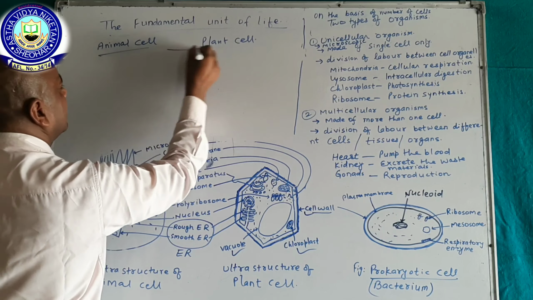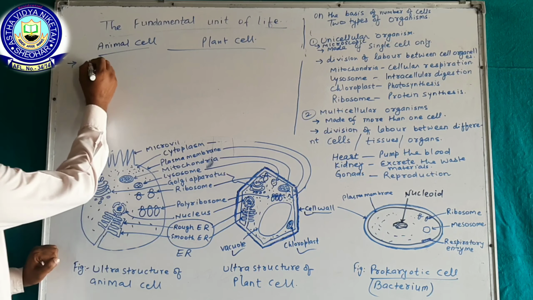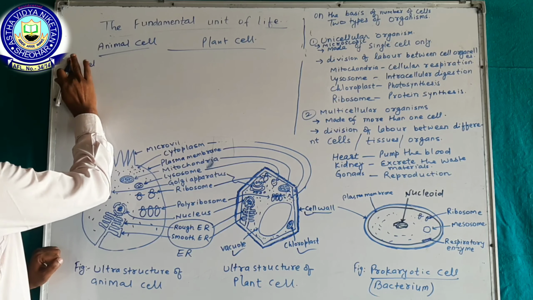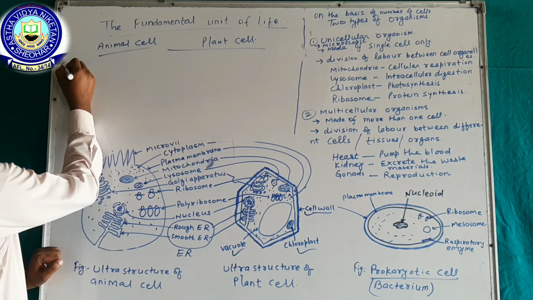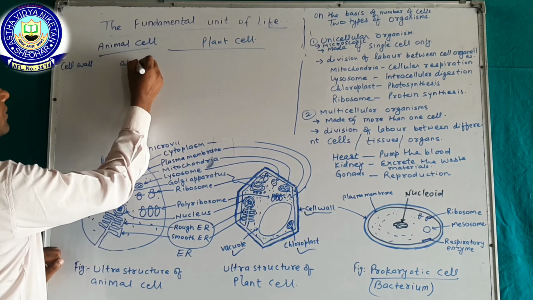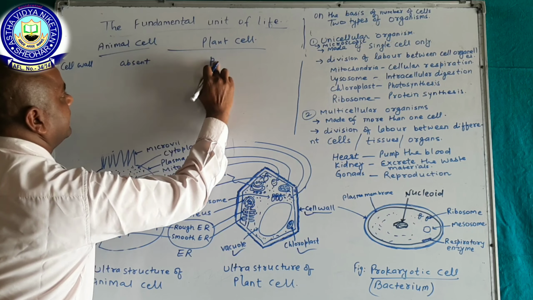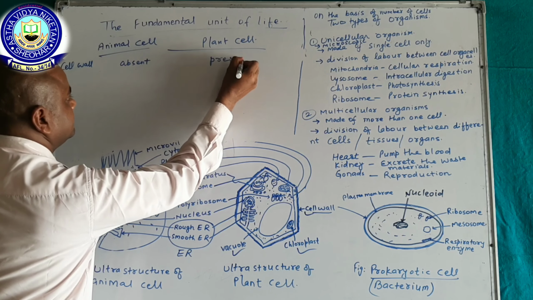First, cell wall: absent in animal cell, present in plant cell.